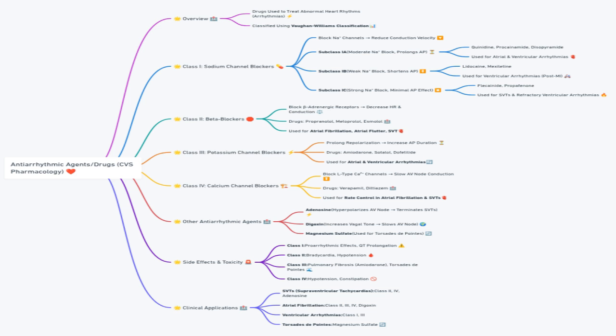When given as a bolus, it directly inhibits AV nodal conduction and increases the AV nodal refractory period, but has lesser effect on the sinoatrial node. Adenosine is currently the drug of choice for prompt conversion of paroxysmal supraventricular tachycardia to sinus rhythm because of its high efficacy, about 90 to 95%, and very short duration of action.